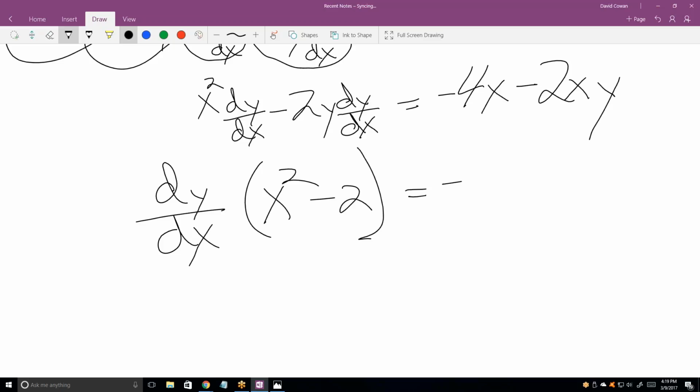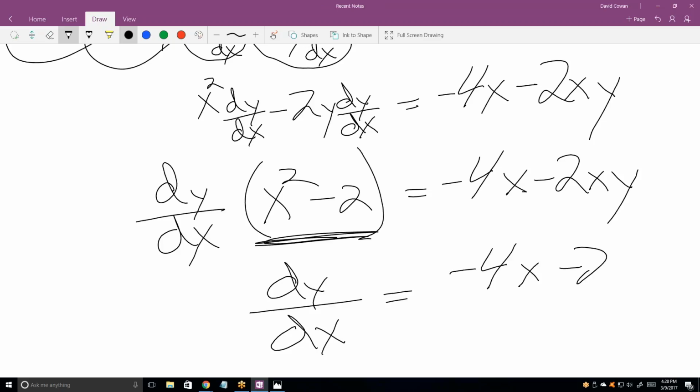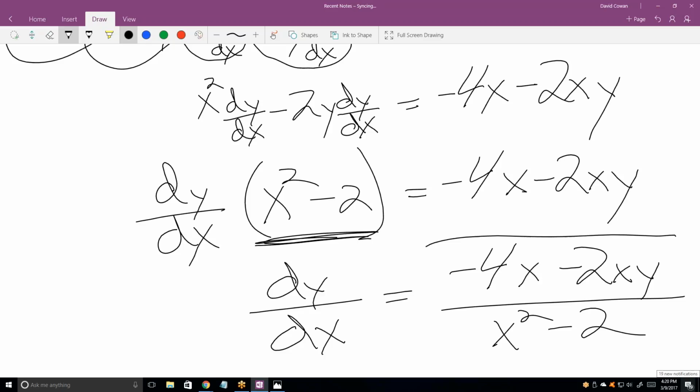This is now all equal to this. Now the final step is to divide both sides by that. I can think of that as a coefficient. So dy dx, the answer that they're looking for, is minus 4x minus 2xy all divided by x squared minus 2. So this is the answer.